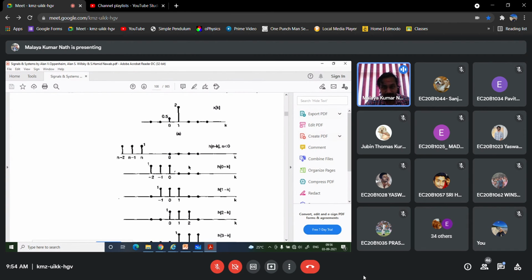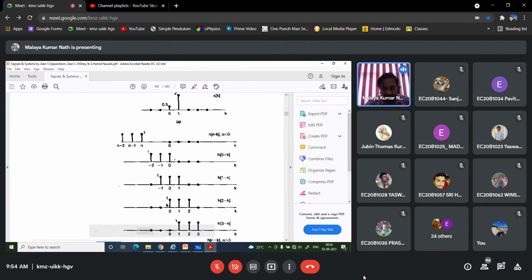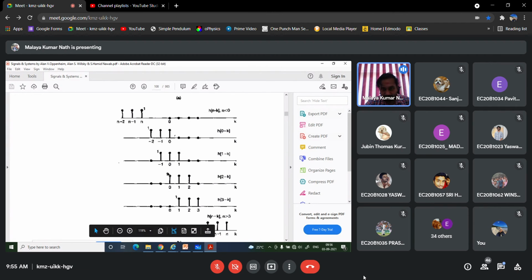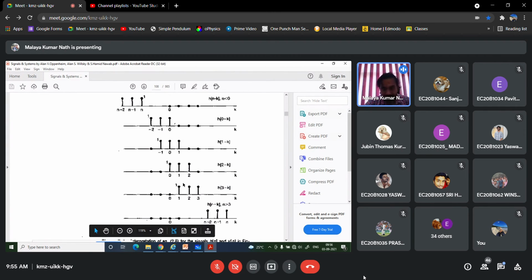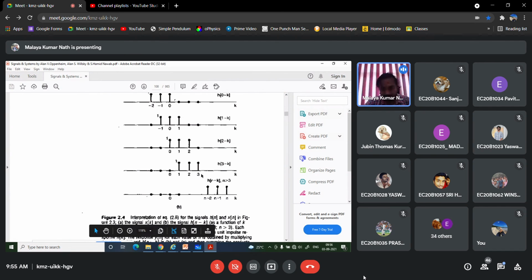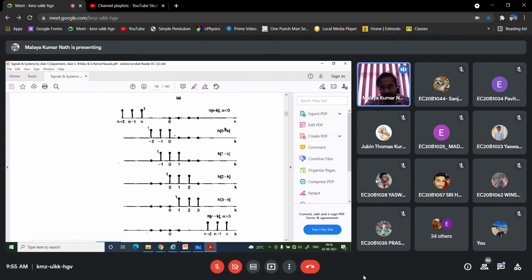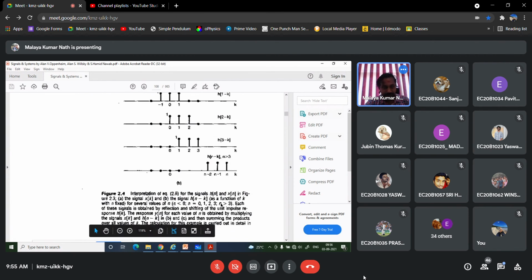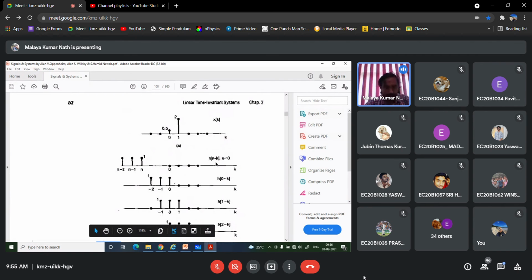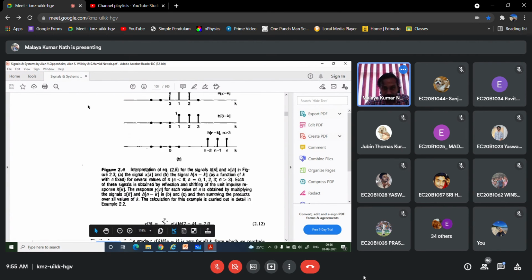So now this is h of 0 minus k. Now when I perform the multiplication, there are overlapping regions. Again it is moving to the right, that is h of 1 minus k, then h of 2 minus k, h of 3 minus k. When it crosses completely over, there is no overlapping. So this thing you just look at in your book, that is page number 82.